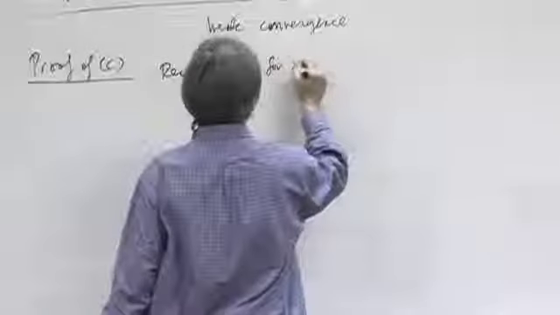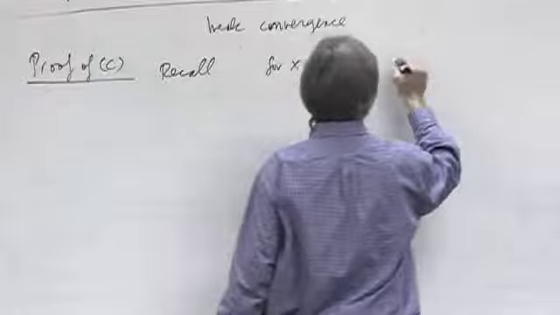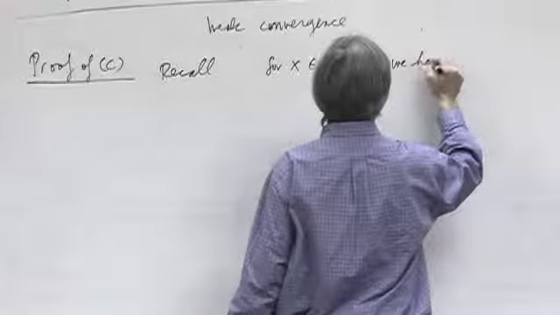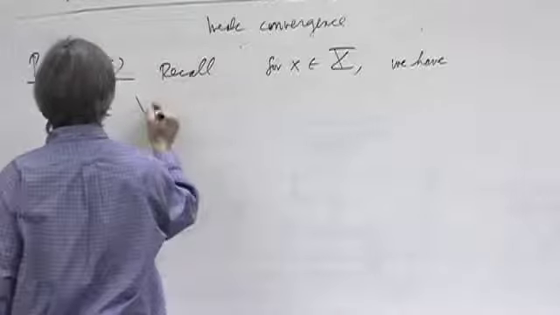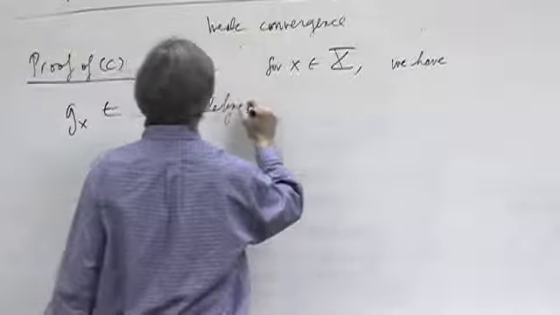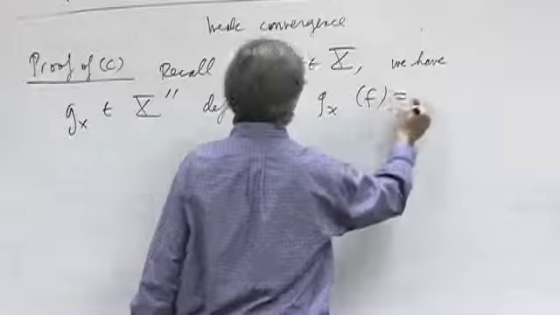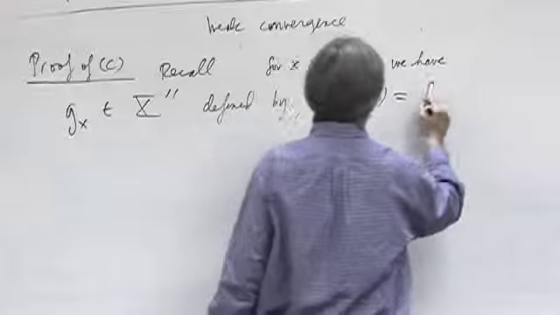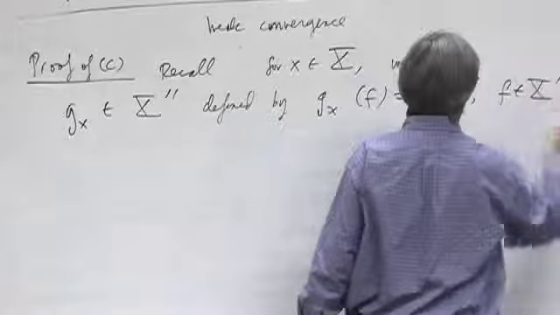For x in the normed space, we have g sub x in the second dual defined by g sub x of f is equal to f of x, f belonging to the dual space. Okay.